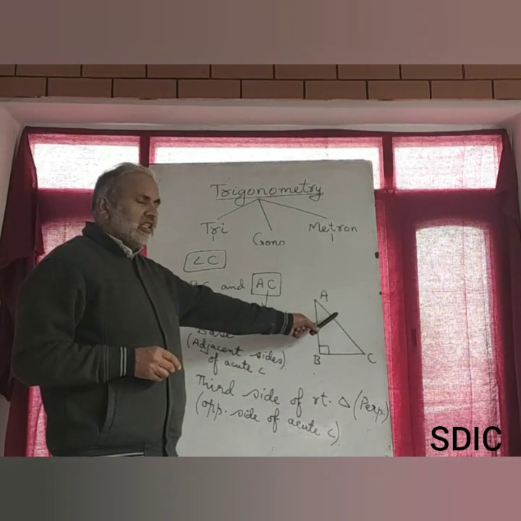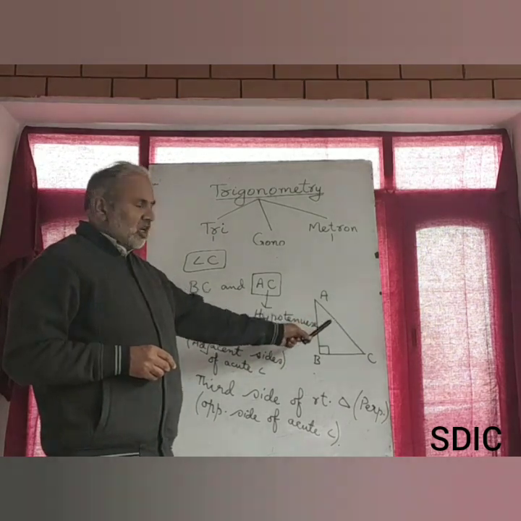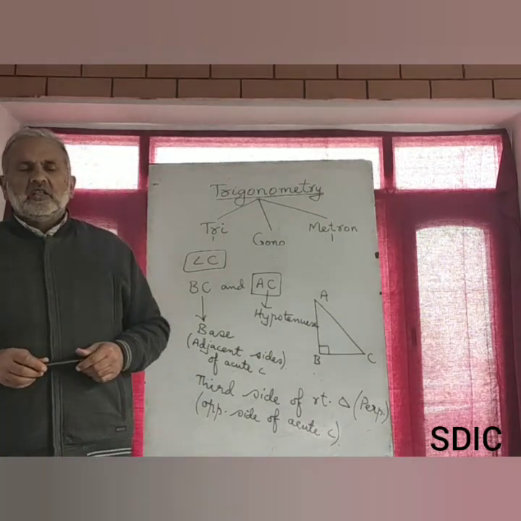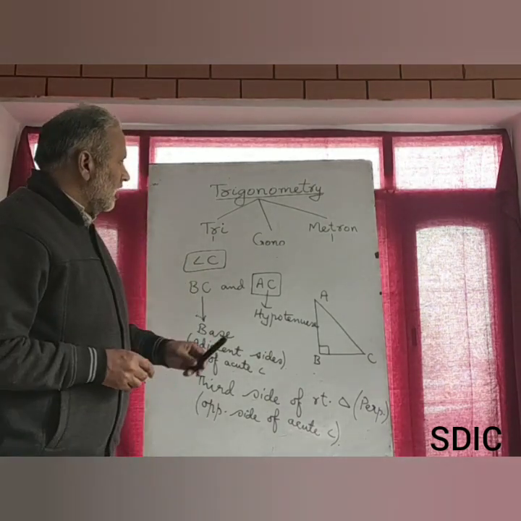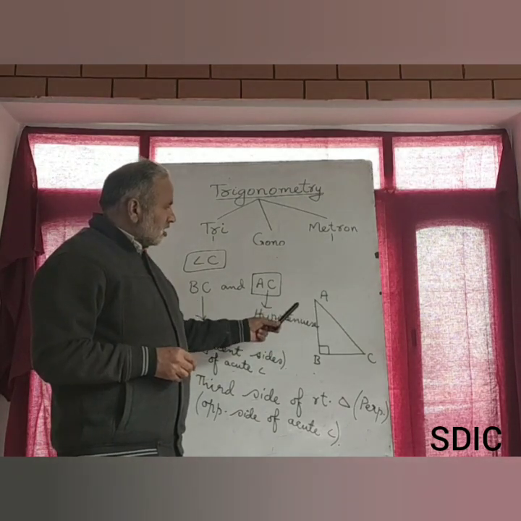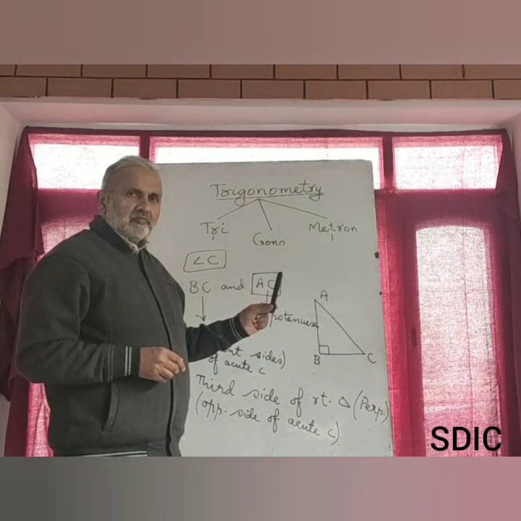Opposite side of right angle is called hypotenuse. Therefore, hypotenuse will not change. But with the change in the acute angle, what will change? Yes, the base and perpendicular will change. Because now the adjacent side of the acute angle and the opposite side will change.